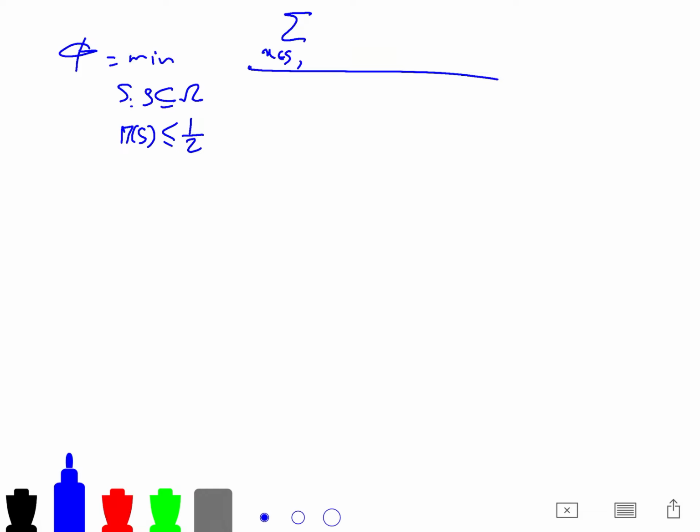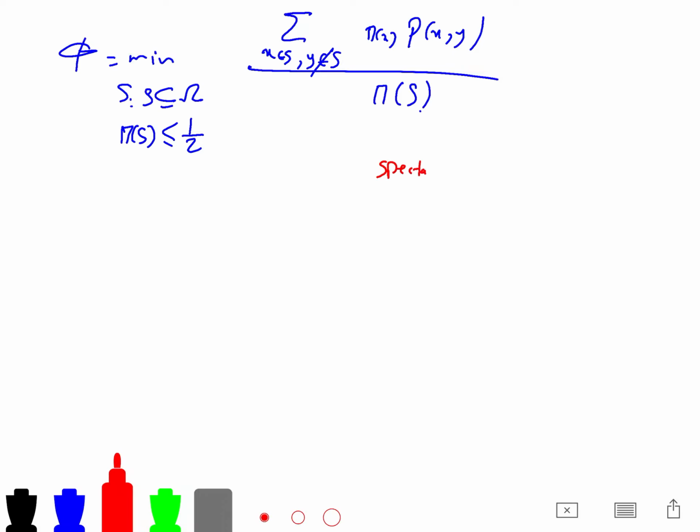So we say x is in S, but y is not in S, so pi of x, P of x and y, over pi of S. So the spectral gap related to mixing, as you remember, is sandwiched between phi squared over 2 and 2 phi. Cheeger inequality.